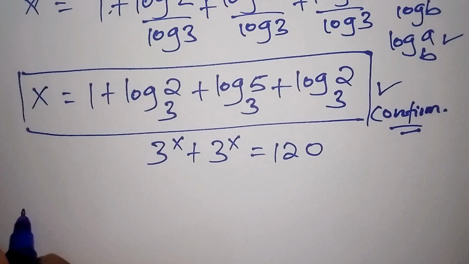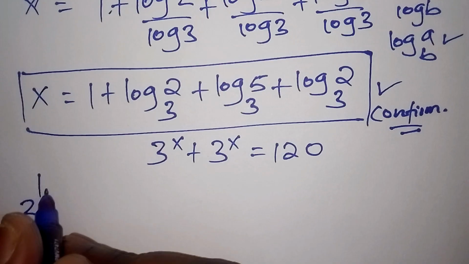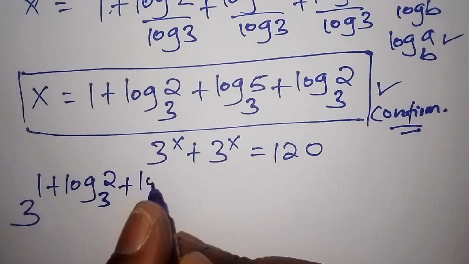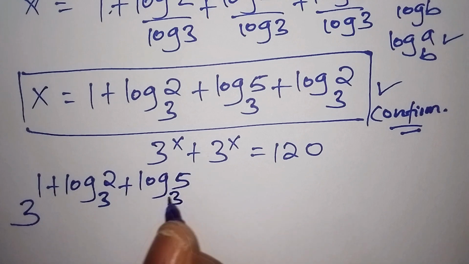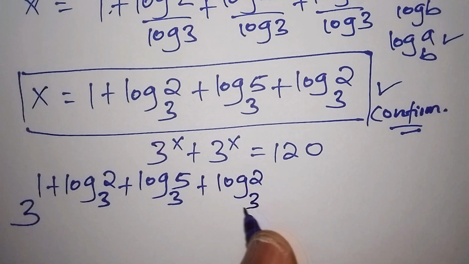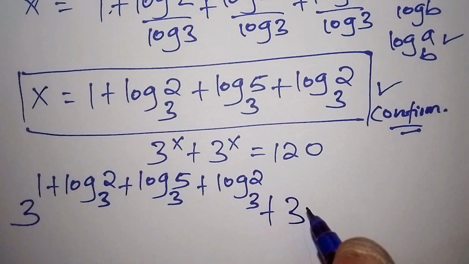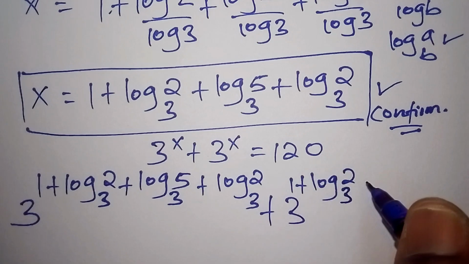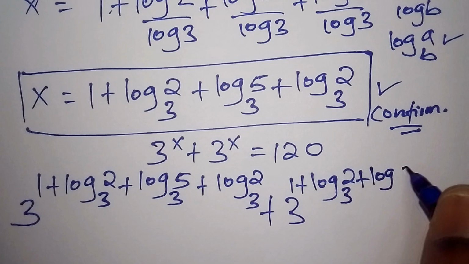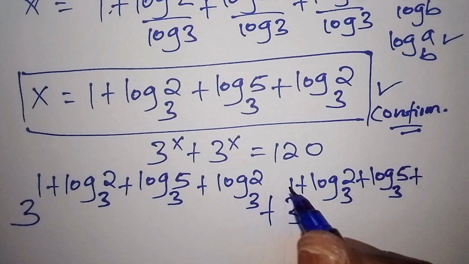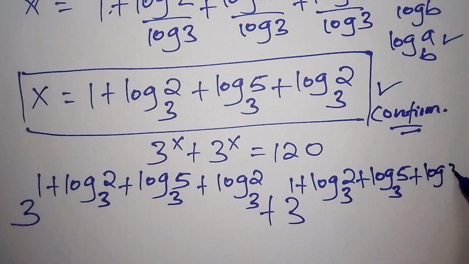So now we shall have 3 to the power of 1 plus the log of 2 to the base of 3, plus the log of 5 to the base of 3, plus the log of 2 to the base of 3, then plus again 3 to the power of 1 plus the log of 2 to the base of 3, plus the log of 5 to the base of 3, plus the log of 2 to the base of 3, is equal to 120.